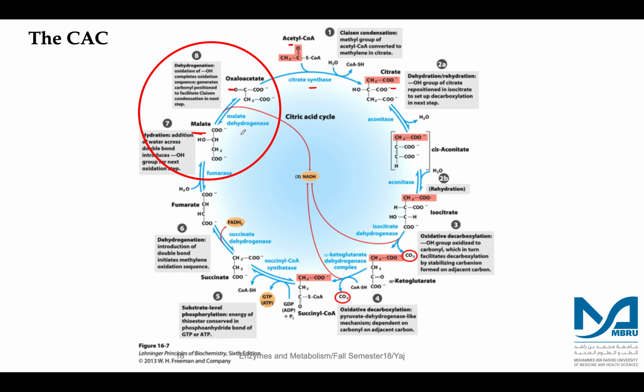Therefore, if I inhibit the conversion of malate to oxaloacetate by adding an inhibitor for malate dehydrogenase, acetyl coenzyme A cannot enter the citric acid cycle. And this excess acetyl coenzyme A will therefore get converted to ketone bodies.